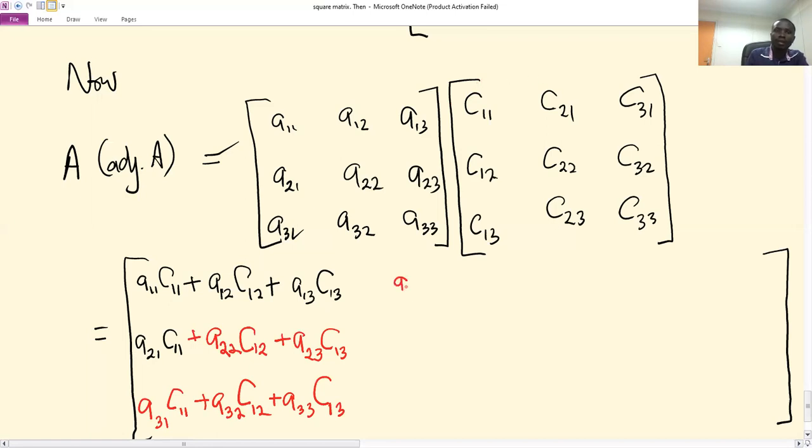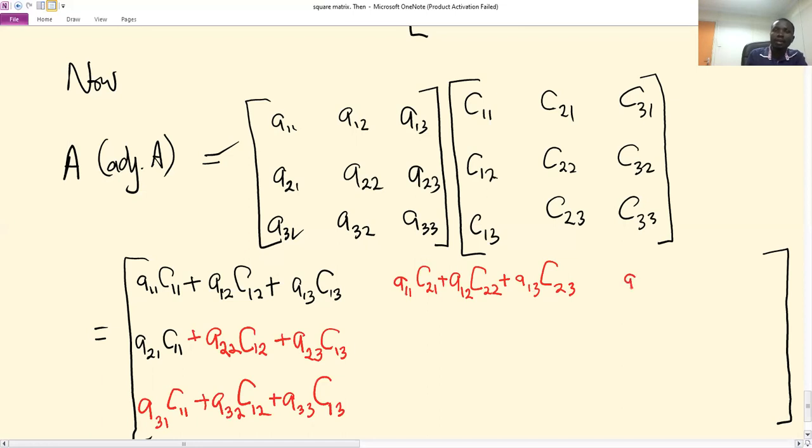And then here we have this row, this column. So we have A11 C21 plus A12 C22 plus A13 C23.